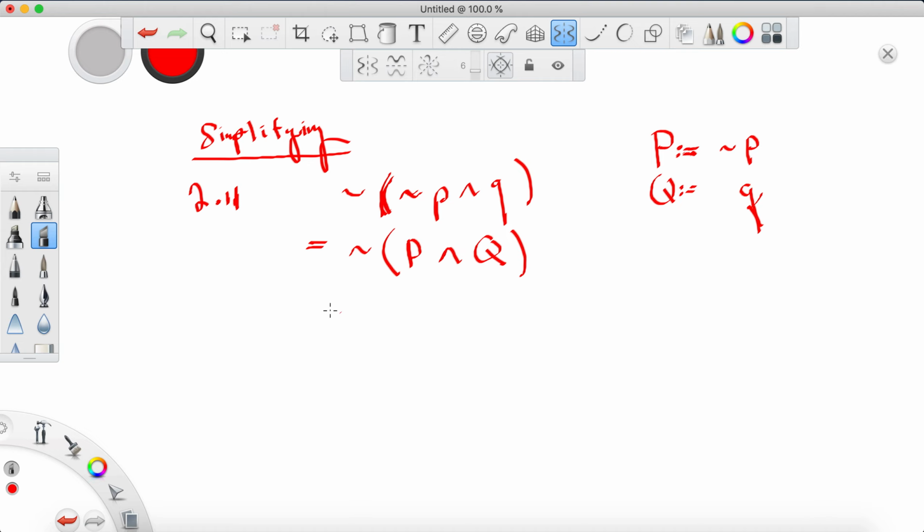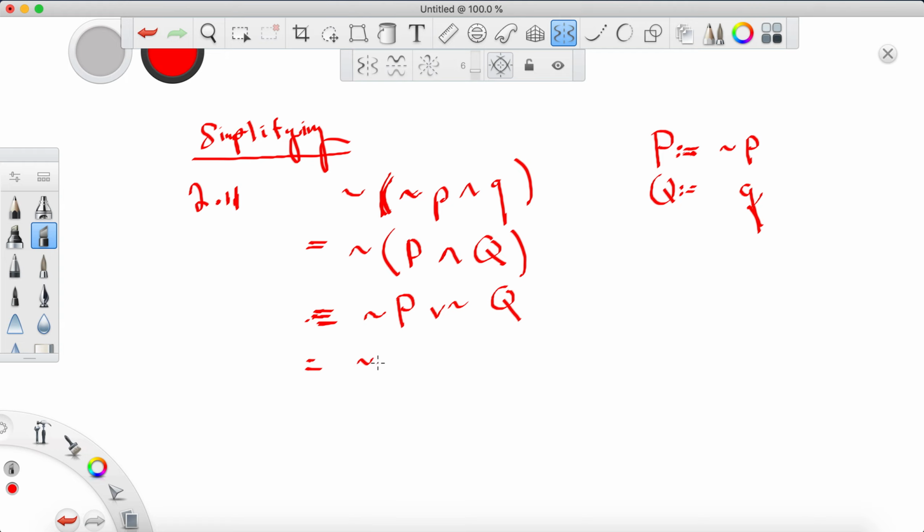And what is this equal to? Logically equivalent to, rather. Well, in the last video, we discussed the De Morgan law, and what it says is that you can basically distribute that not through. So this is going to be not capital P or not capital Q. Okay, so now we need to rewrite the capital P as not p.